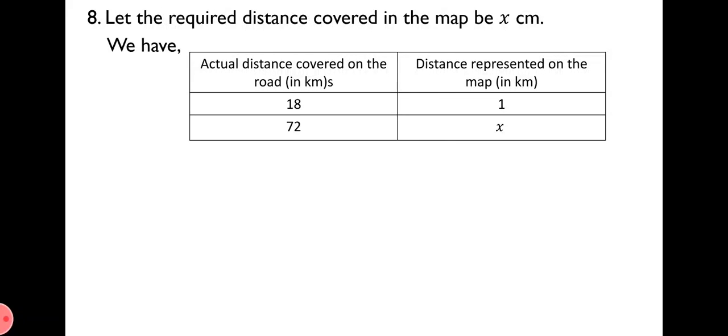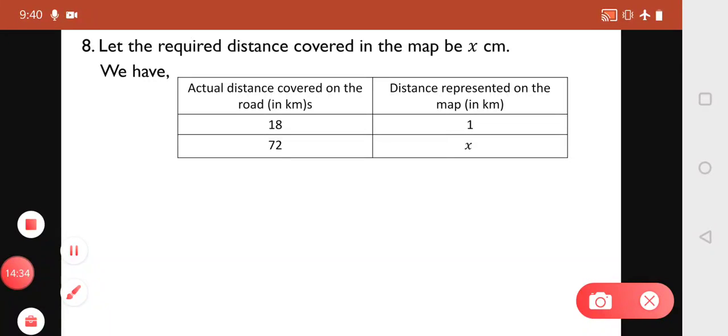So if the distance traveled by Rashmi is 72 kilometers, the distance represented in the map in centimeter is x. It is written kilometer, but actually this is shown in centimeter. So dear students, please write this as centimeter, don't write kilometer, because in the map it is shown in centimeter only.